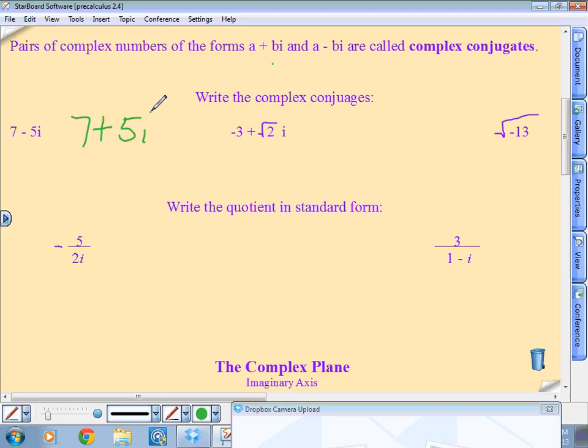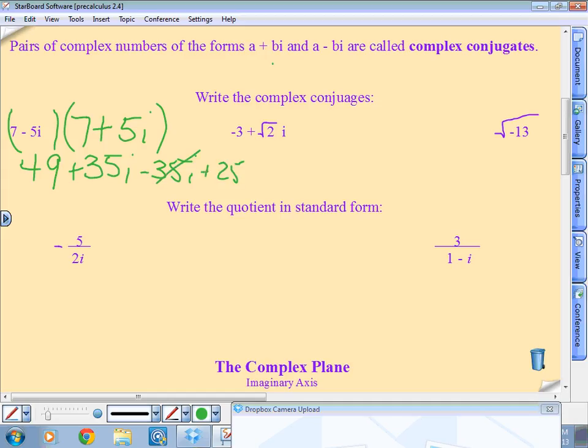And so let's start with why do we want to do that? Why do you want to find the conjugate? Well, because if you multiply these together, what are you going to get? FOIL this real quick, and what do you get? 49 plus 35i minus 35i minus 25i squared plus 25.